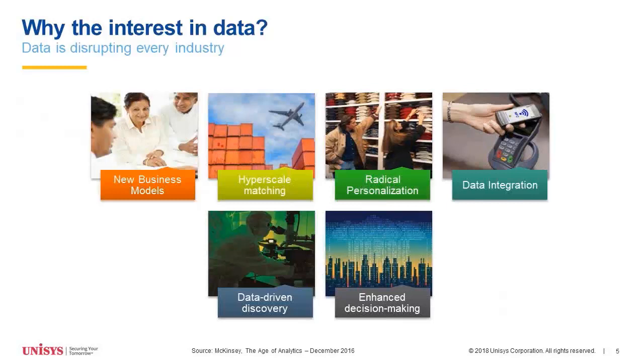In the field of logistics, various IoT devices and large databases are being integrated to achieve what is called hyperscale matching, so that you can track exactly where your package is at any point in time. In the field of retail, we are trying to integrate various sources of data so that we can get a 360-degree view of the customer, which leads us to radical personalization.